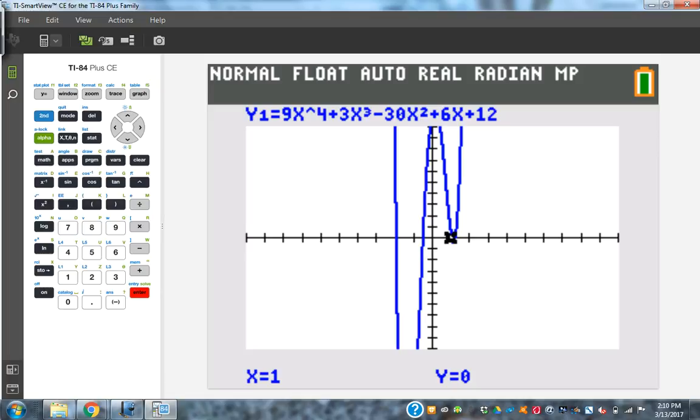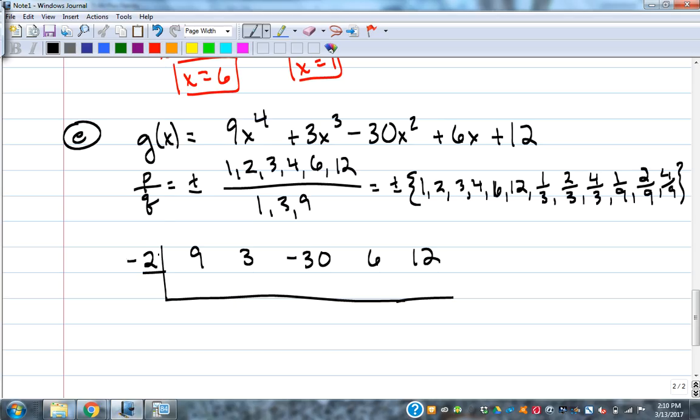Okay, so I'm gonna use -2. 9, -18, the -15, 30 at 0, and there's -12, just like I wanted.